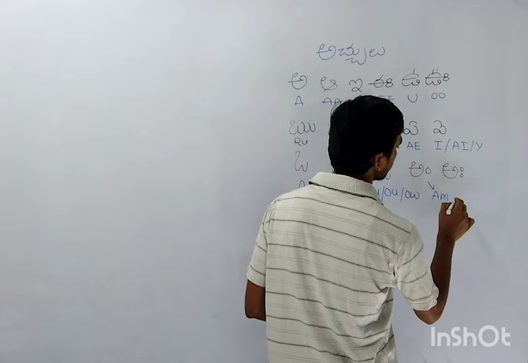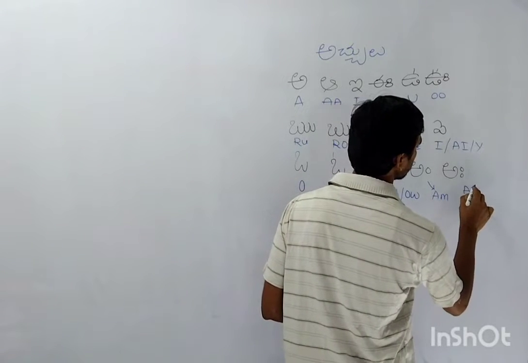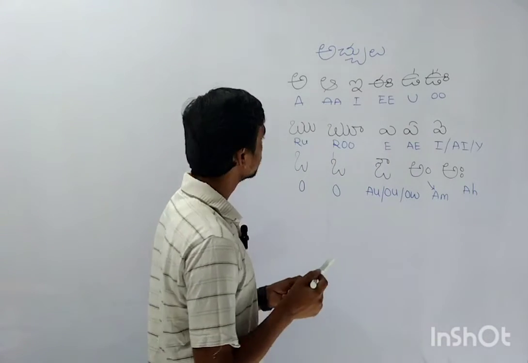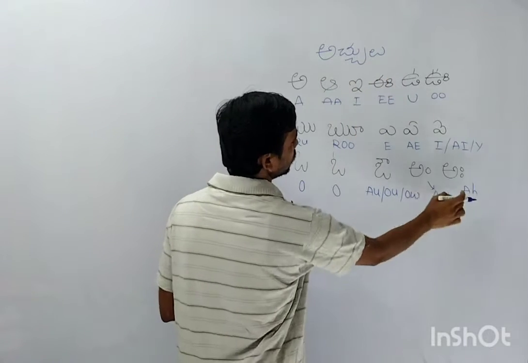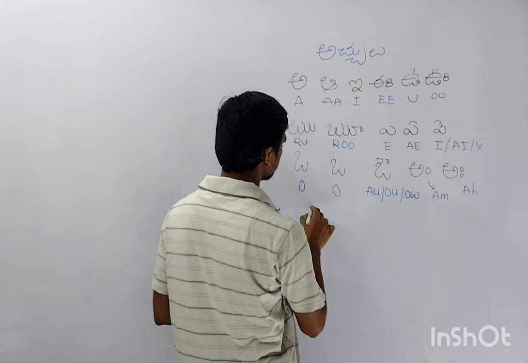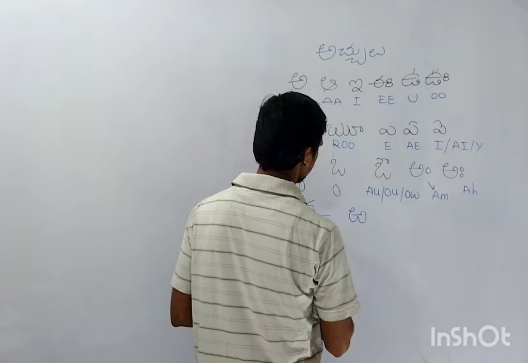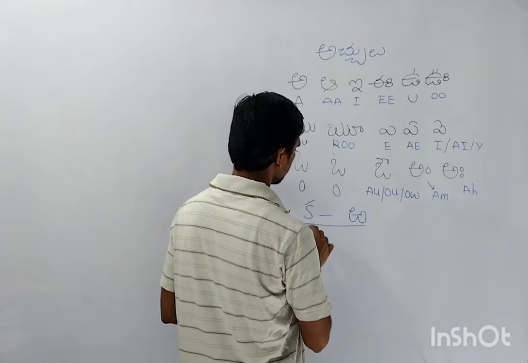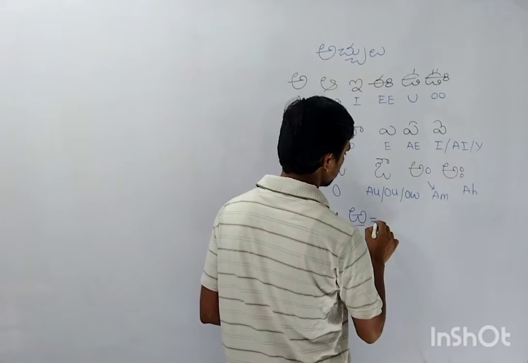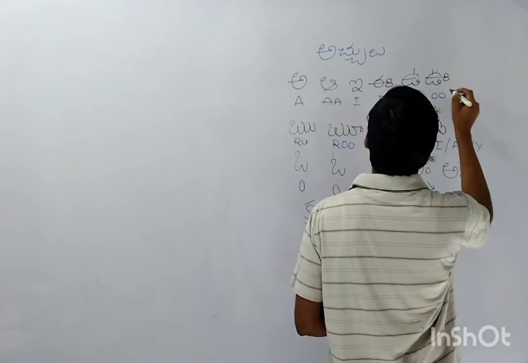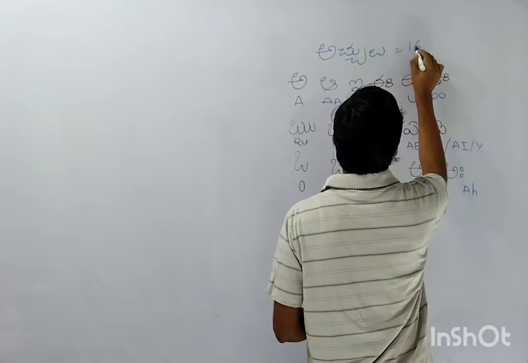Guys, the sound should be very important. Then Ka here, simply you can easily identify Ka. The sound should be Ka. There are 36 and here there are 16 vowels.